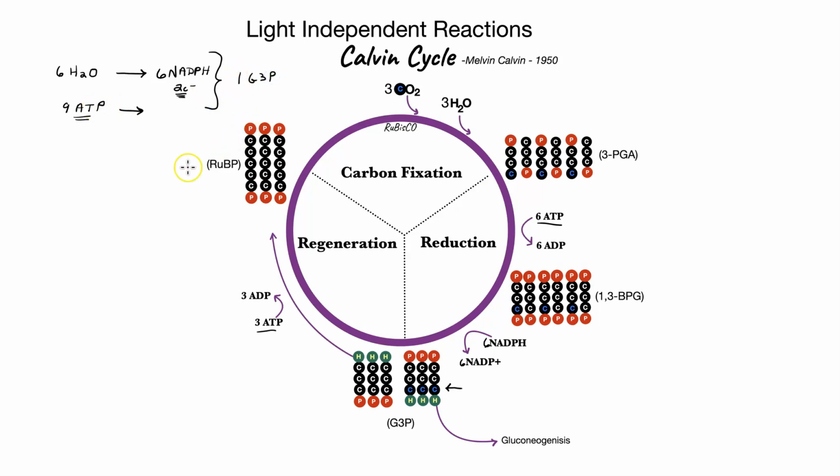So what do you think is necessary to build a glucose? Well, we would need 6 turns. Because in that case, if you've got 6 turns, you're going to add 6 carbons to the system. And they get reshuffled to different places in the different molecules eventually, but every turn we kick out 1 G3P.